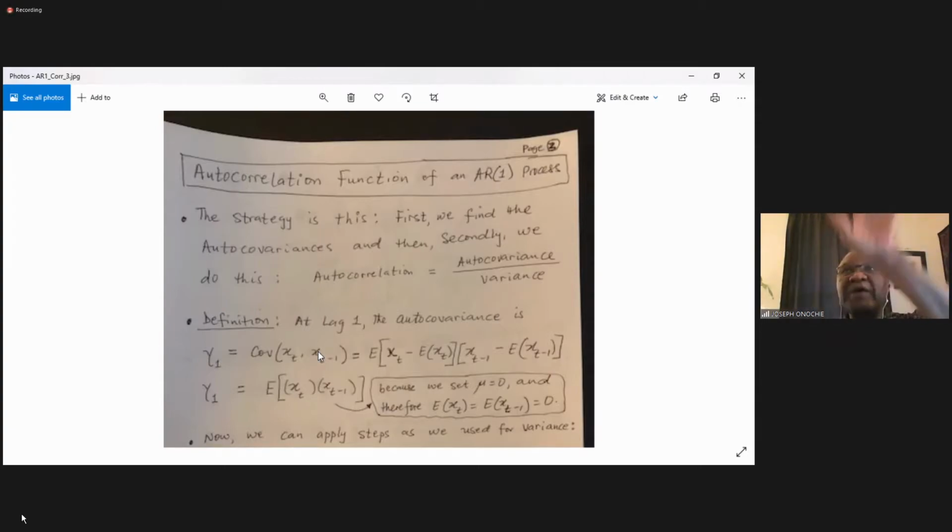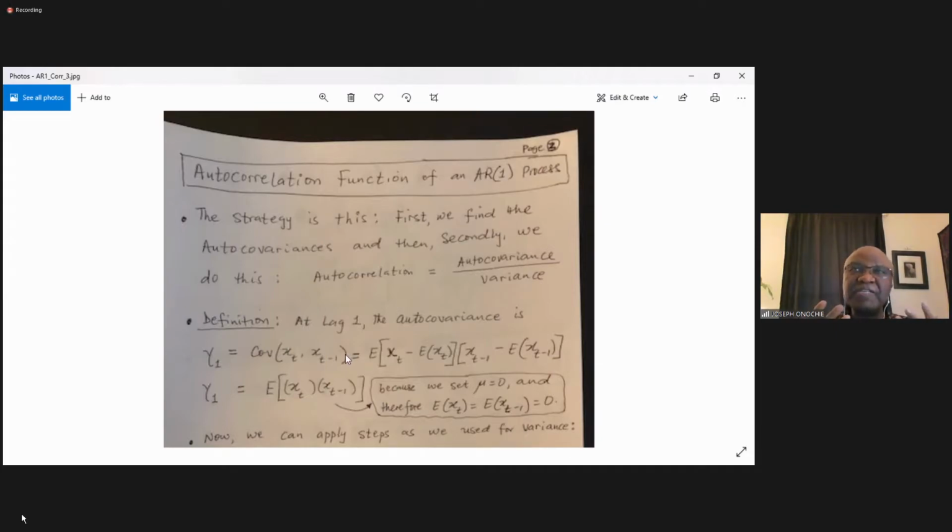We're not dealing with Microsoft and S&P 500, only Microsoft. That's why we don't call it covariance, we call it autocovariance, because it is covariance with itself, just at different time periods. Anytime I write COV here, I really mean autocovariance. This word is too long, so I shorten it. So, the covariance between x sub t and x sub t minus 1.